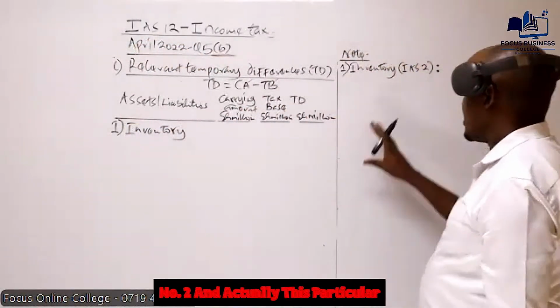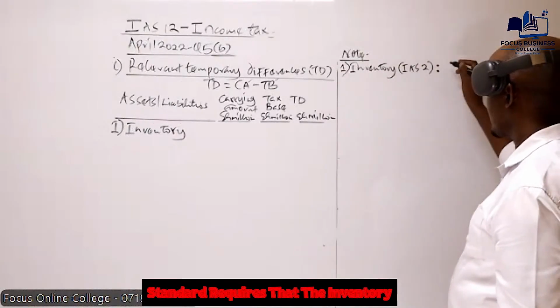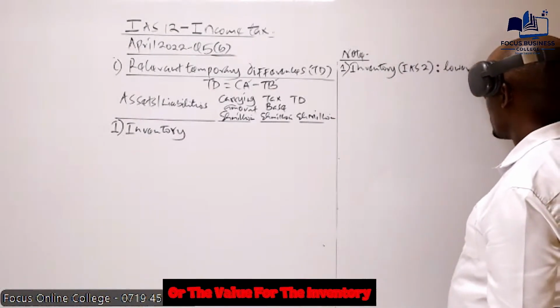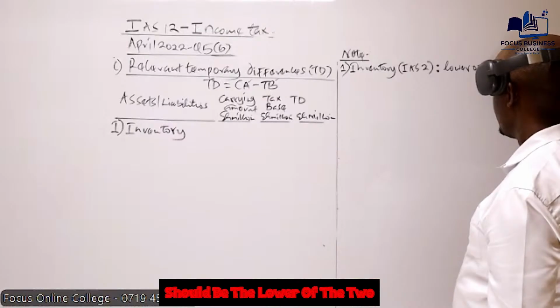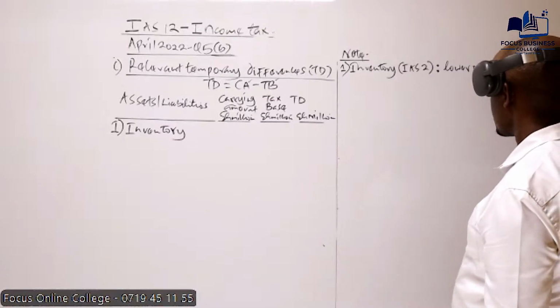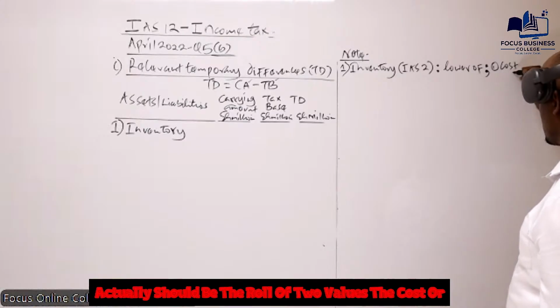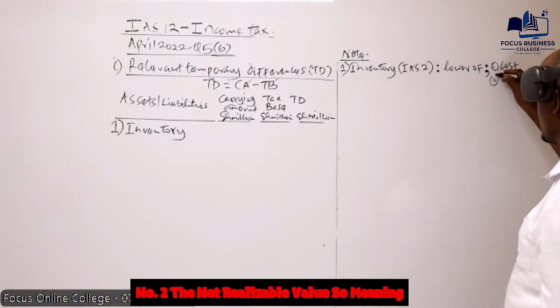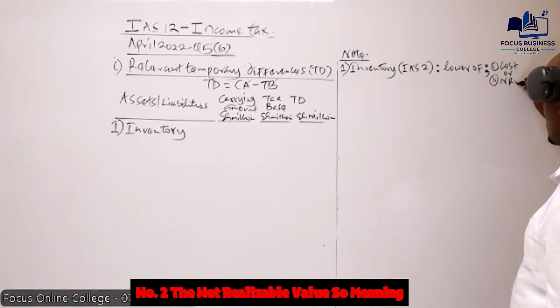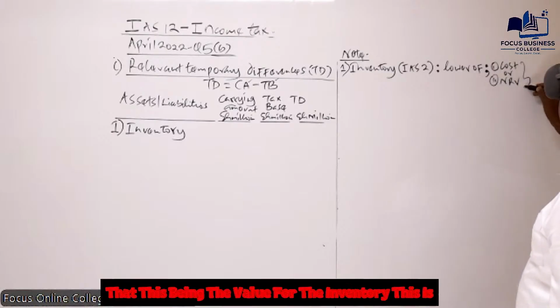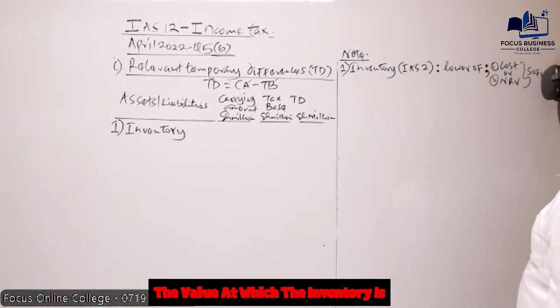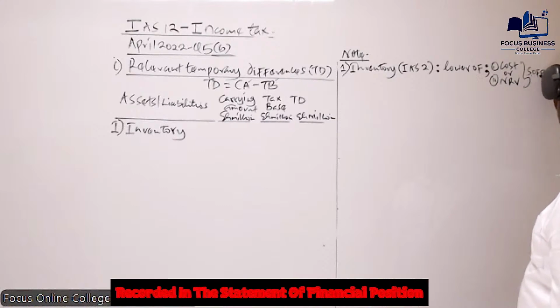And this standard requires that the value for the inventory should be the lower of two values: the cost, or number 2, the net realizable value. So this is the value at which the inventory is recorded in the statement of financial position.